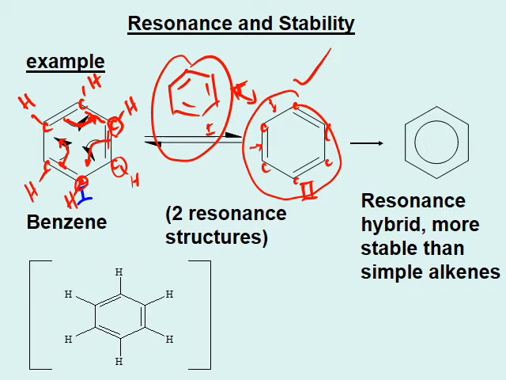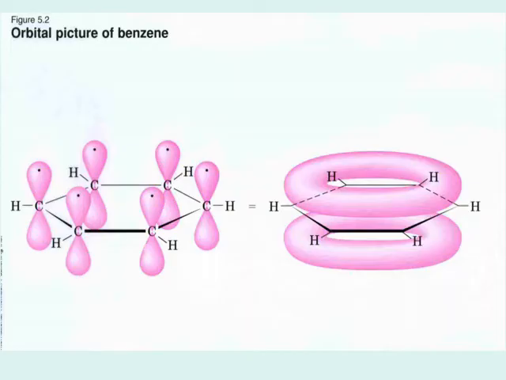So the actual structure will be given by the combination of these two structures. And we often show it with a circle here. That means electrons move around when you think about these double bonds. So basically it says that electrons can move around the ring structure. In the molecular orbital picture, you can better understand this because of the resonance.